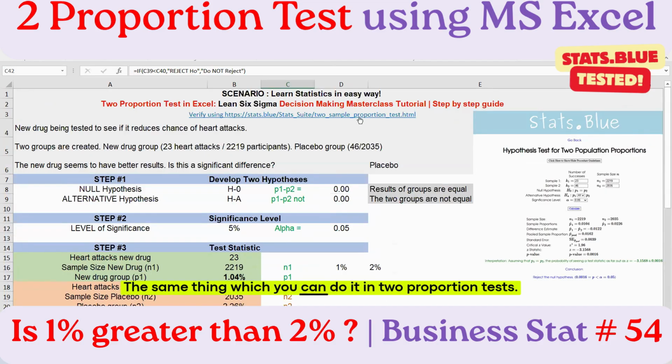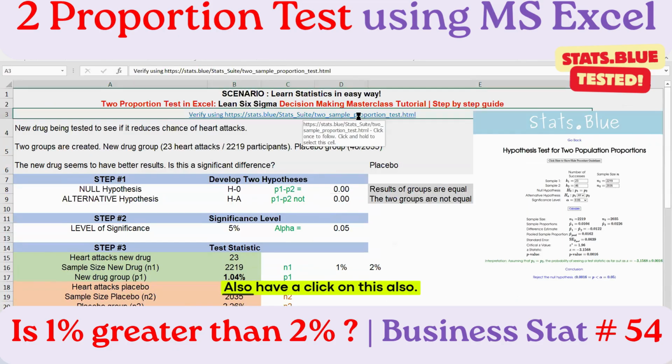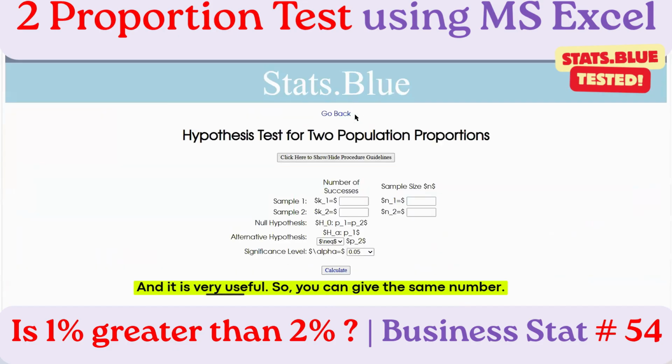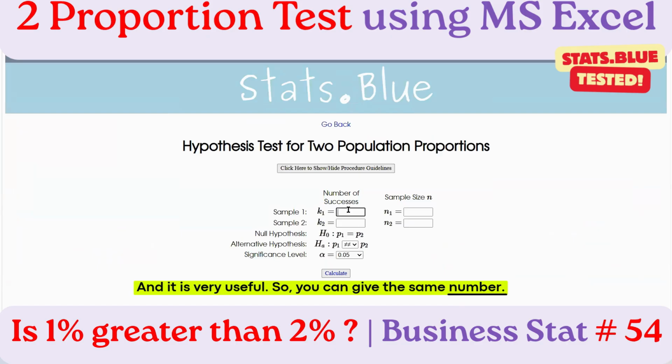The same thing you can do in the two proportion test also. Have a click on this also, it is very useful. So you can give this same number. For example, in our case, we saw that.